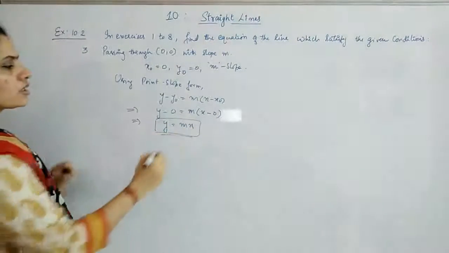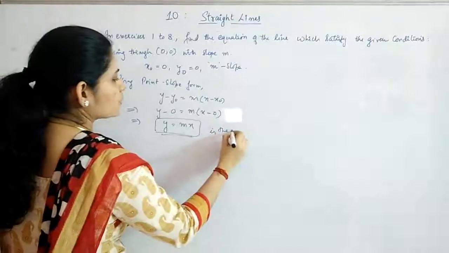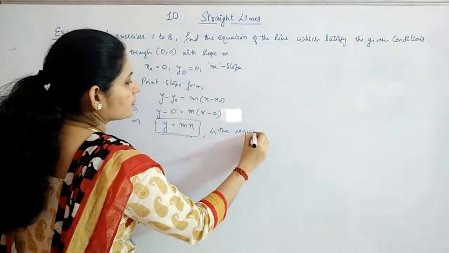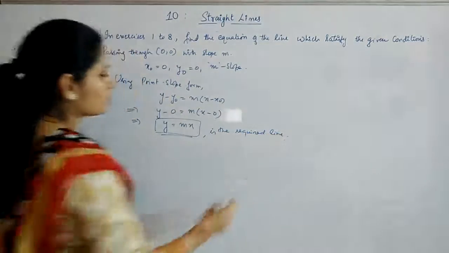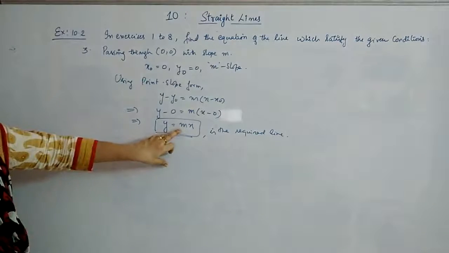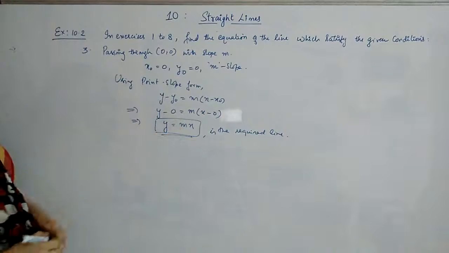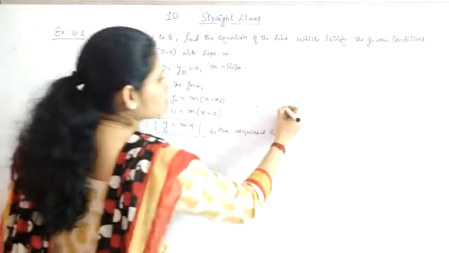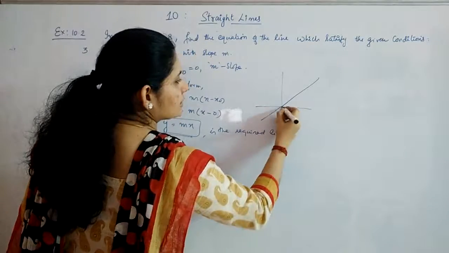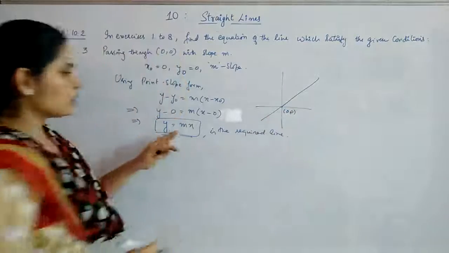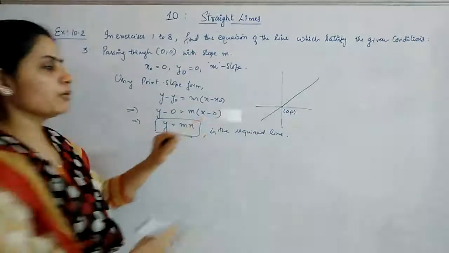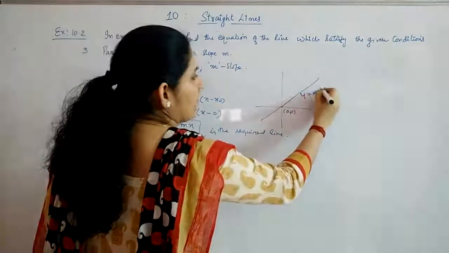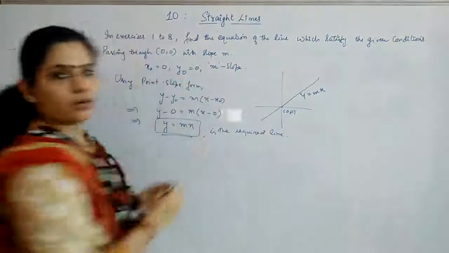So this is the required equation of the line. Again, y equal to mx is the form of a line which passes through the origin. This is the meaning actually. Passes through origin means like this. So any equation which passes through the origin will be of the form y equal to mx, where the slope is changing only.